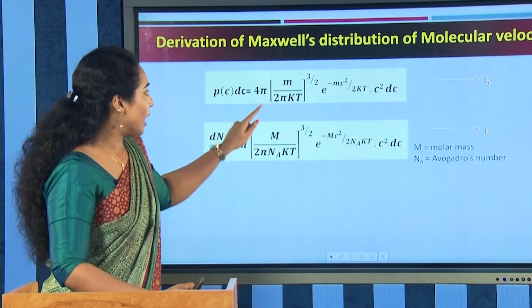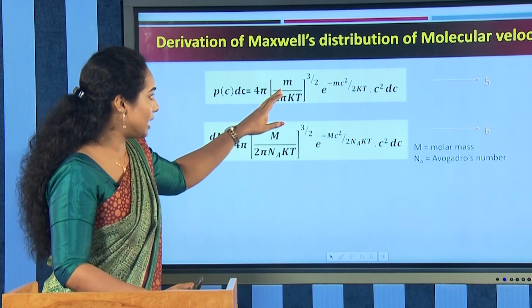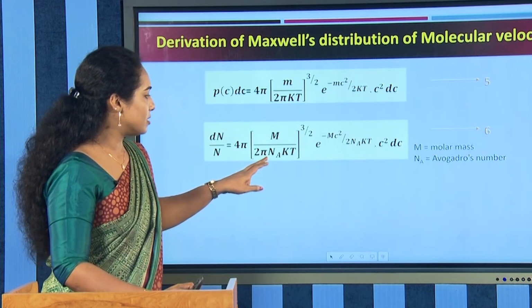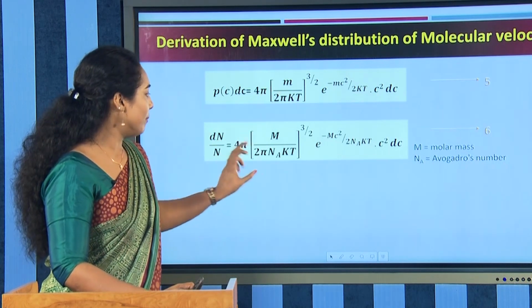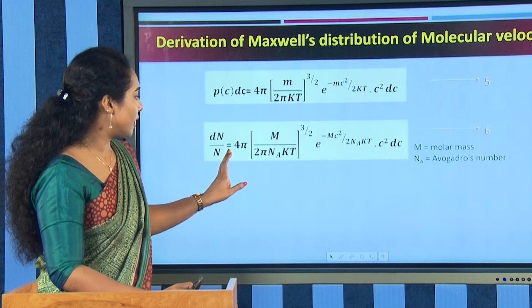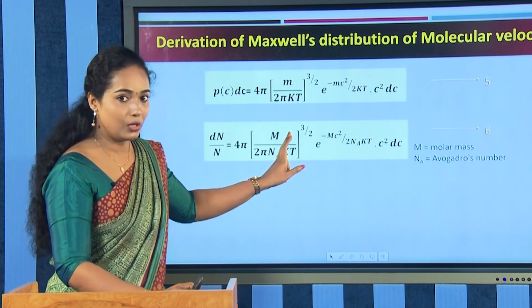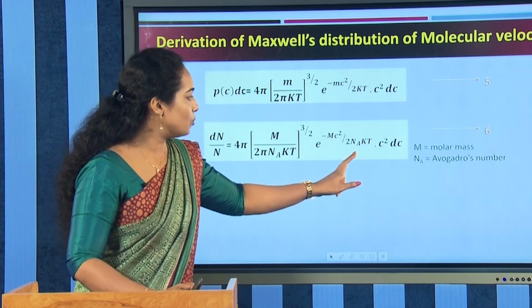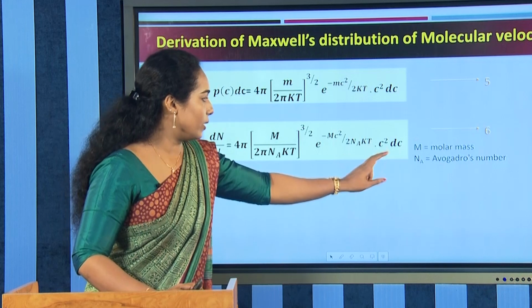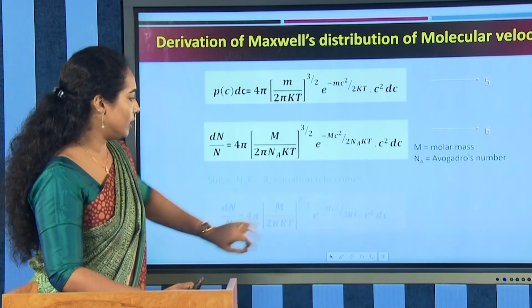Okay. Now, I am considering the whole system, so I am replacing m with molar mass divided by Avogadro number. Okay. So, I am replacing that m and modifying the equation, that is we get 4 pi m divided by 2 pi Na kT raised to 3 by 2 e raised to minus mc square divided by 2 Na kT c square dc. As I said, m is the molar mass and Na is the Avogadro number.